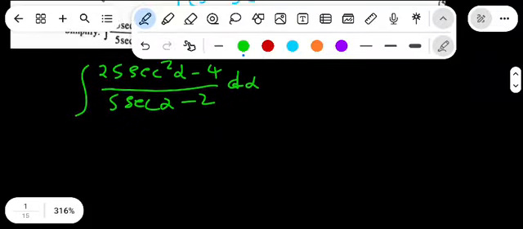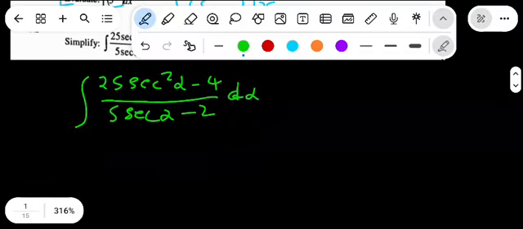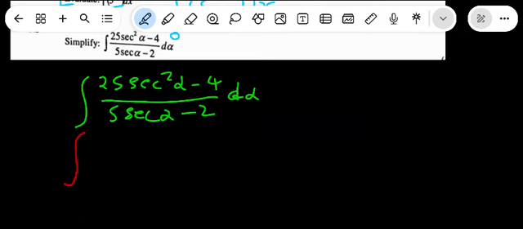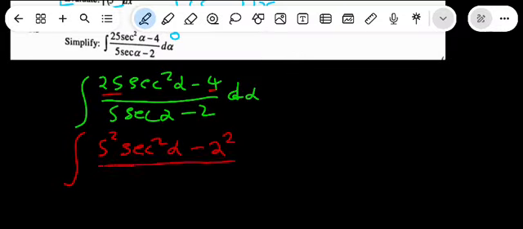All right, let's manipulate a little bit there. You can rewrite 25 as 5 raised to the power of 2, secant squared alpha. Then 4 is 2 raised to the power of 2.